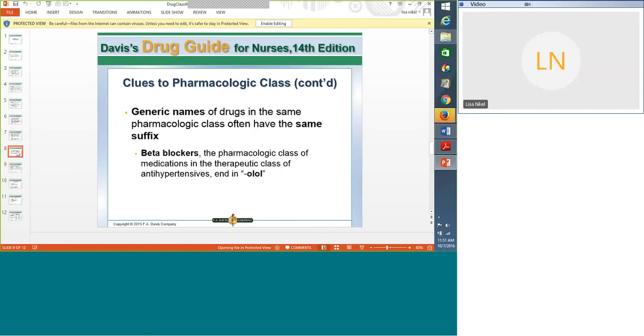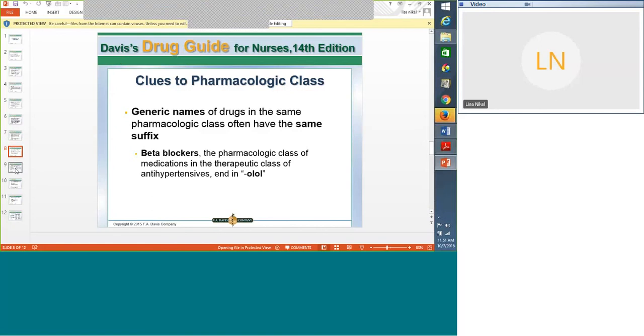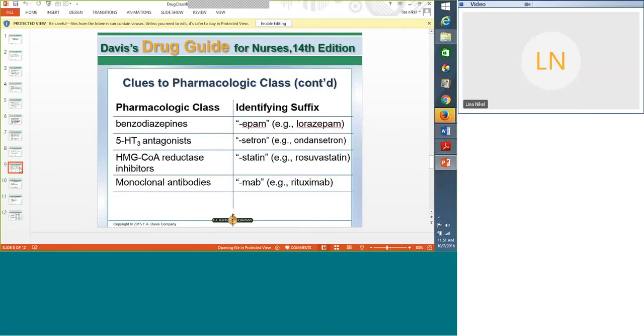So many drugs that are beta blockers, their generic names are metoprolol, atenolol. So you'll learn the names when we get to cardiac medications that you can help to learn them by their endings.